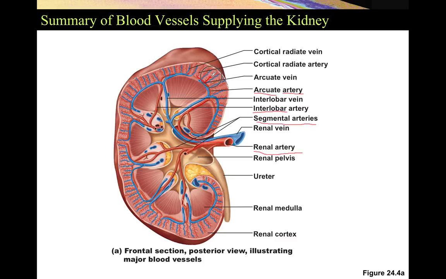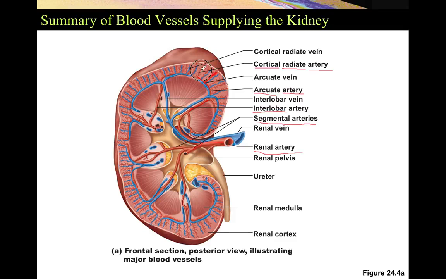We refer to these branches as cortical because they're within the cortex. So cortical radiate artery, or you can call them cortical radial artery. Either one is fine.